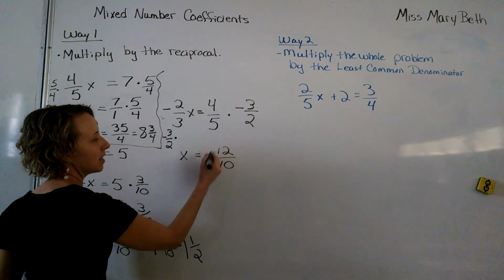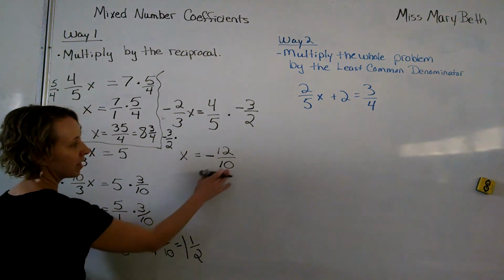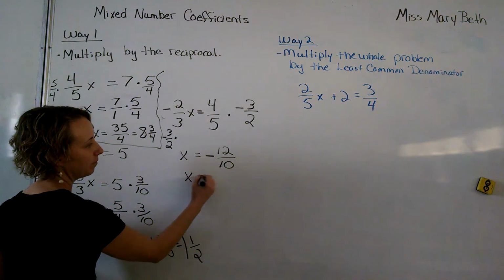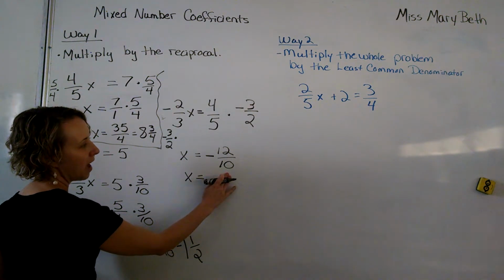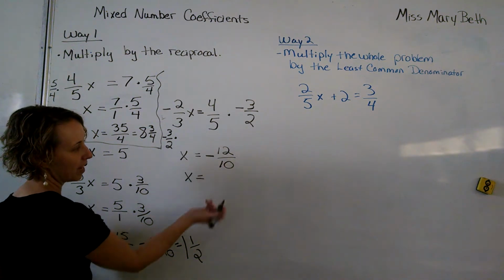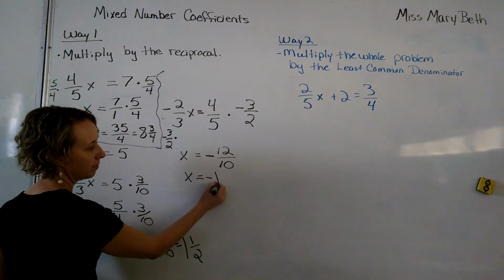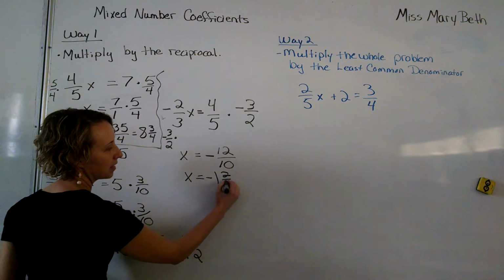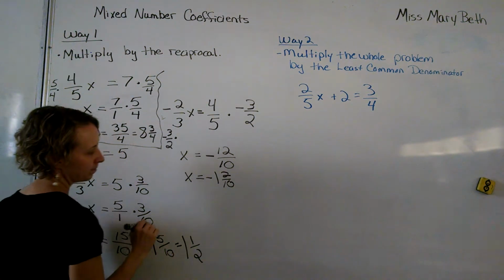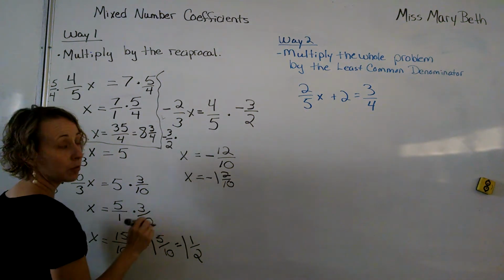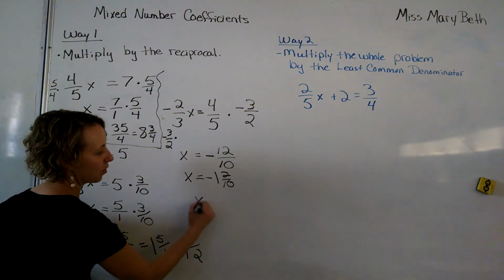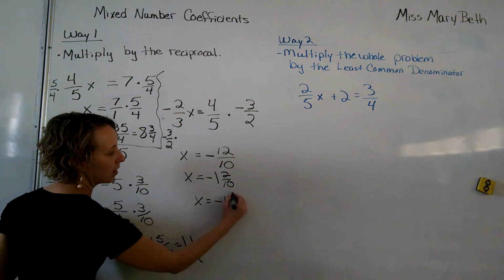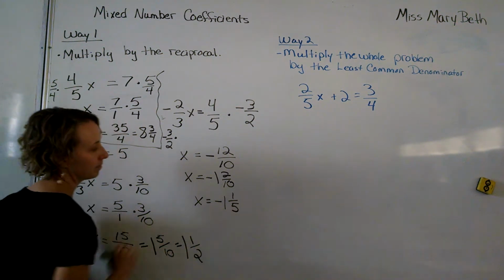A positive times a negative is negative. Let's reduce this. If I have 12, how many groups of 10 can I make? I can make 1 with 2 left over, 2/10. 2 and 10 will both divide by 2, so I can reduce that further. X is negative 1 and 1/5.